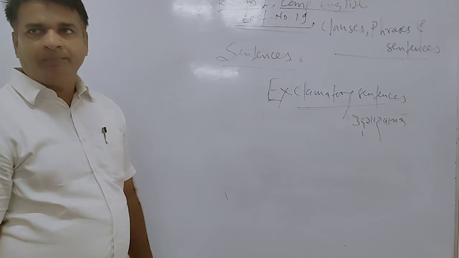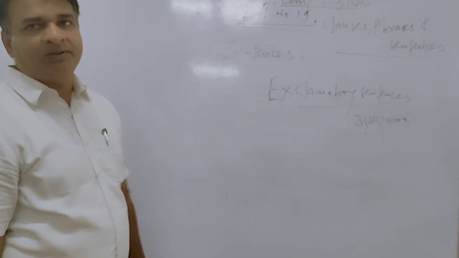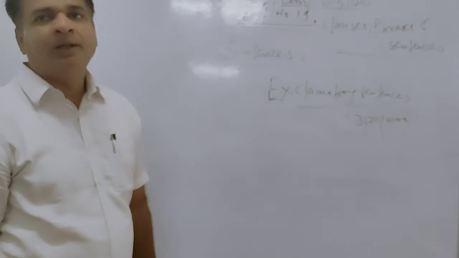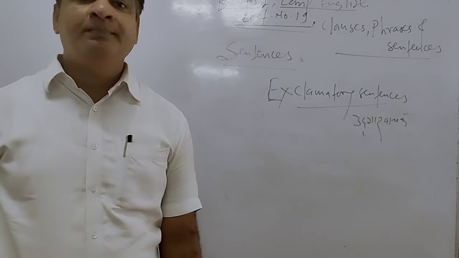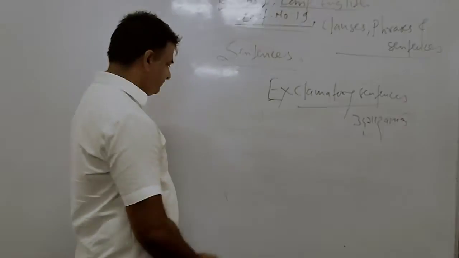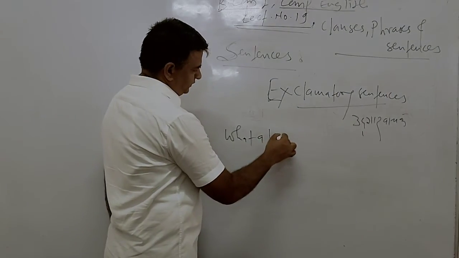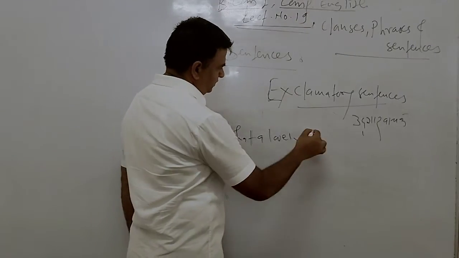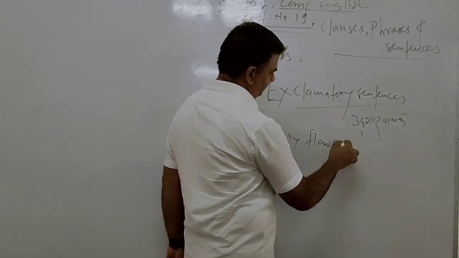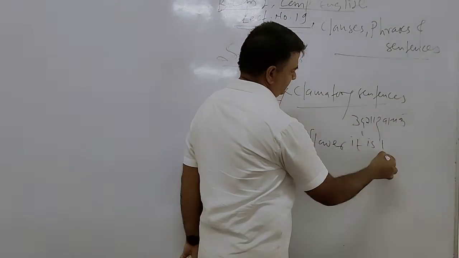And most of the time, these exclamatory sentences we identify by their mark, the exclamatory mark, like the interrogative mark. For example, what a lovely flower it is. This is the mark.